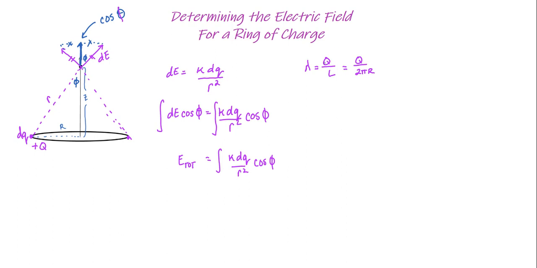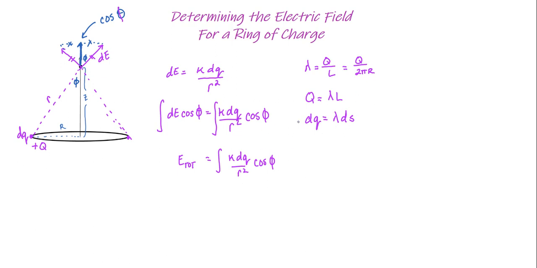Now, if I want to write a differential form of this, I'm going to say that the total charge is equal to lambda times L, I'm just going to put L in for now, to keep us with fewer variables. And I could rewrite this as dq equals lambda ds, for an arc length. So the total circumference has now been broken up into little arc lengths.